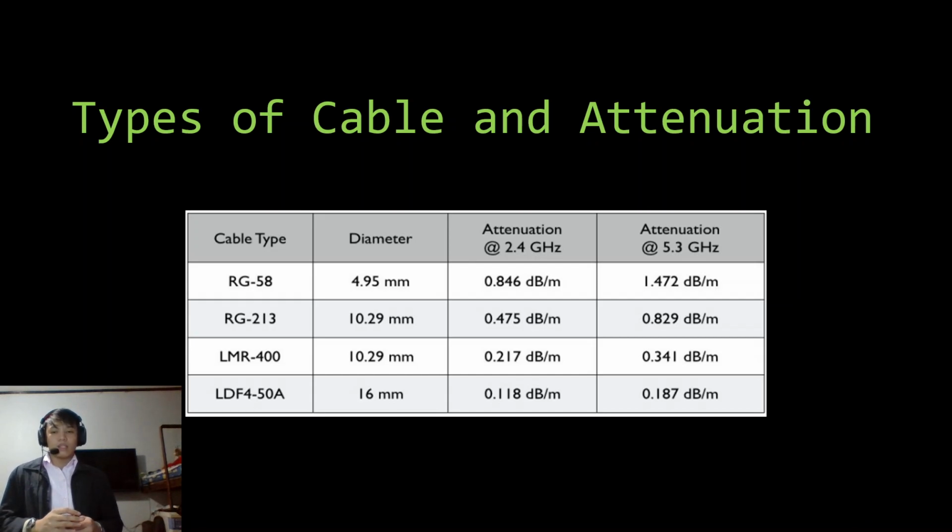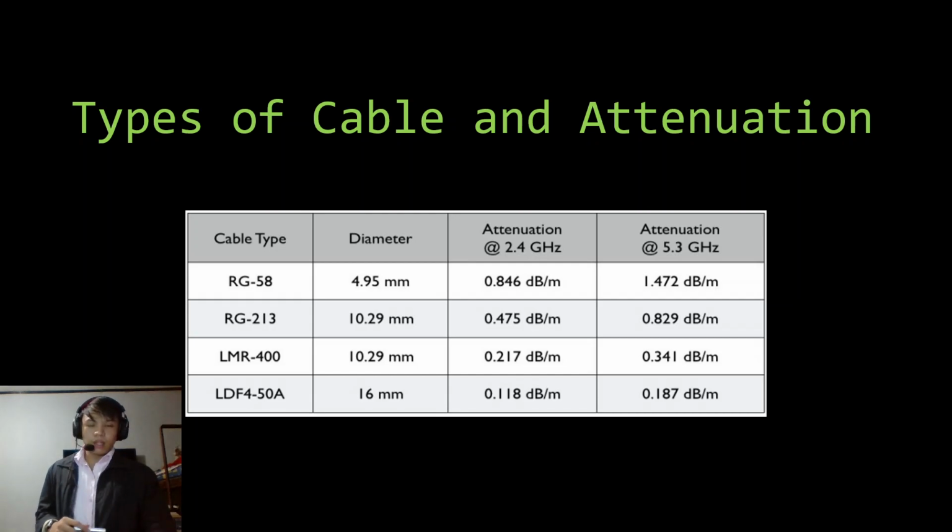The next one is the LDF450A cable type. Its diameter is 16 millimeters, and the attenuation at 2.4 gigahertz is 0.118 decibels per meter, and the attenuation at 5.3 gigahertz is 0.187 decibels per meter.